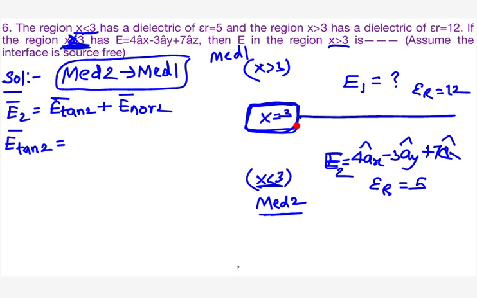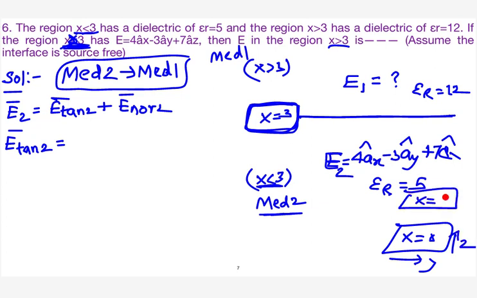Correct, x is varying, which means that x equal to 3 is a surface which is nothing but a surface parallel to the YZ plane at a distance of 3 meter. Okay. So generally, suppose this is your x equal to 0, x equal to 0 is a YZ plane, right? X equal to 3 means it is parallel to the YZ plane at a distance of 3.